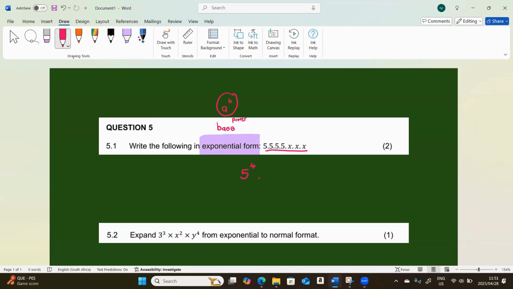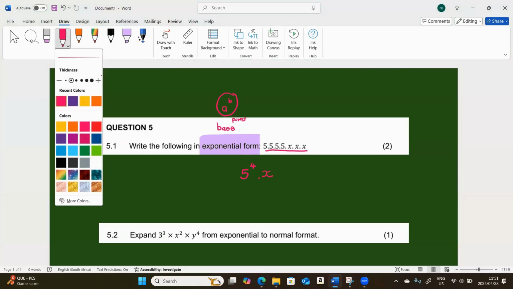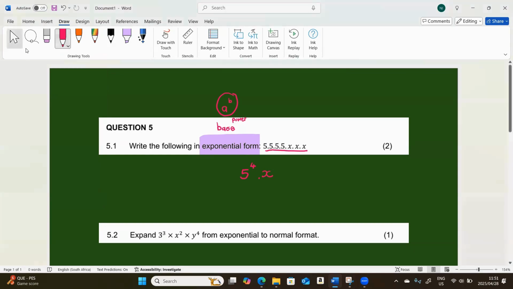Our next base is x because we are multiplying x with itself. Then you ask yourself, what would the power be for x? How many times is x multiplied by itself? 1, 2, 3. So x to the power of 3.